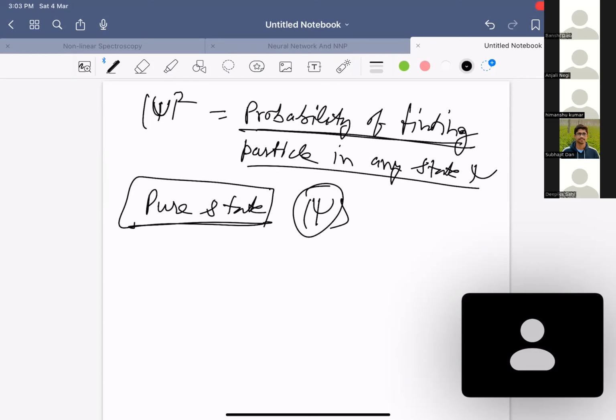So to introduce this, one needed the quantum mechanical analog of that ensemble density or the classical distribution function.